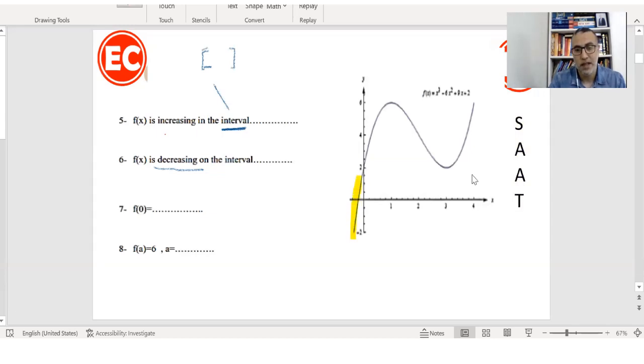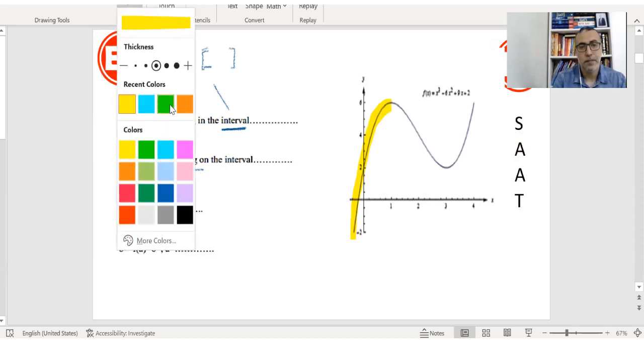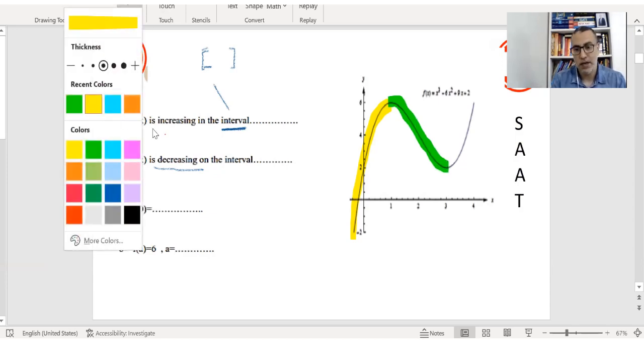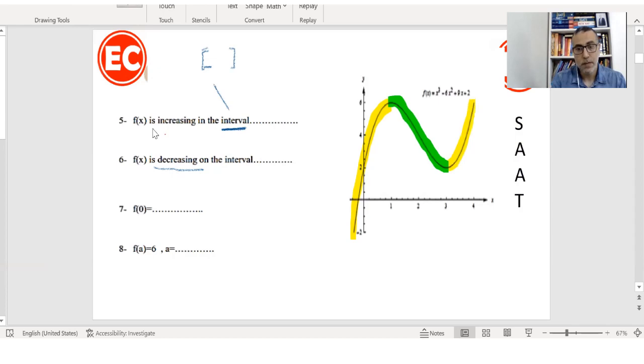As we can notice, the yellow color is moving up, and then the green color is going down, then again the yellow color is going up. So I have two intervals where the function is increasing and one interval, green, where the function is decreasing.